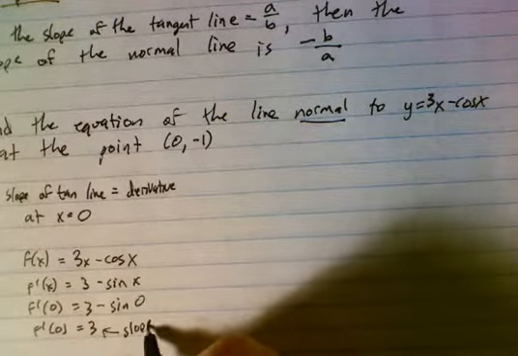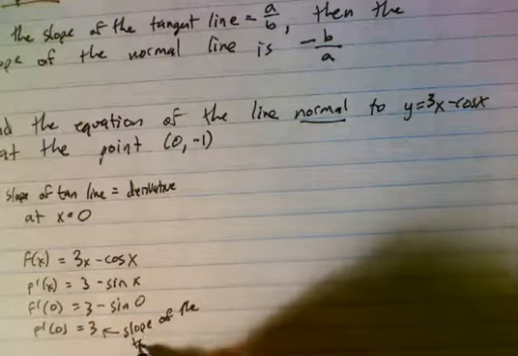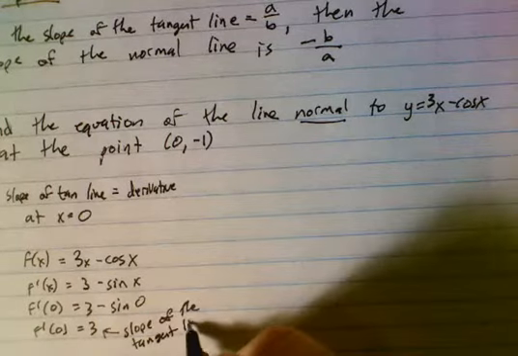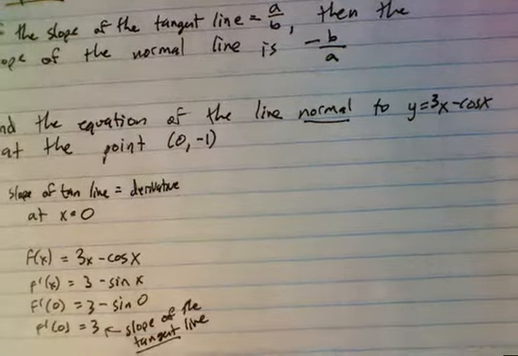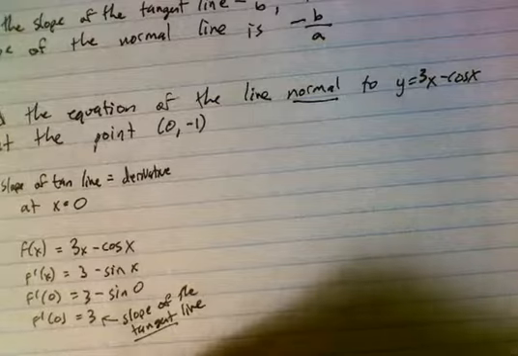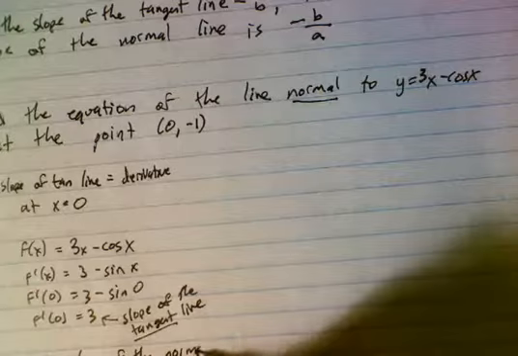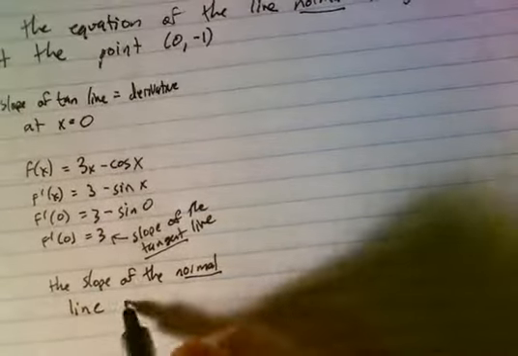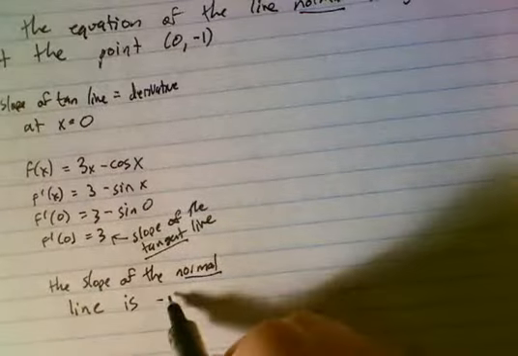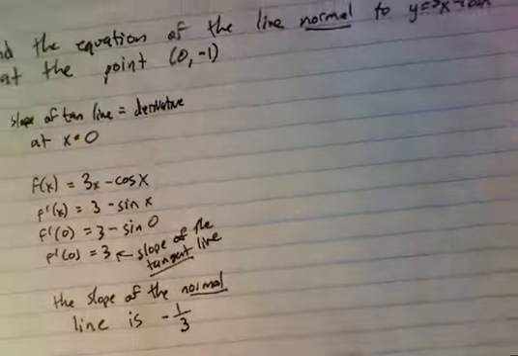This is the slope of the tangent line. And what that means is the slope of the normal line is the opposite reciprocal, so -1 over 3.